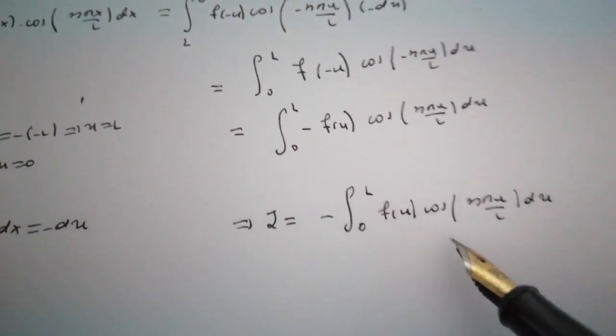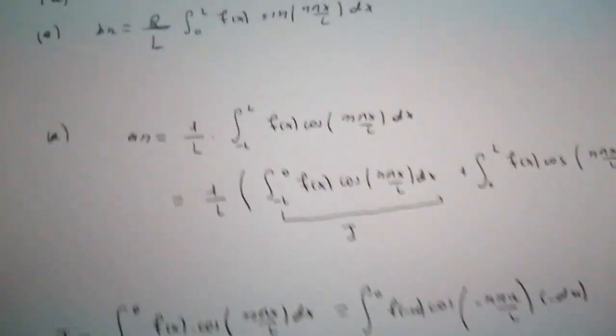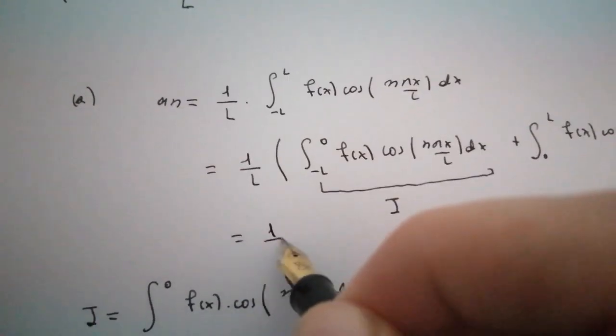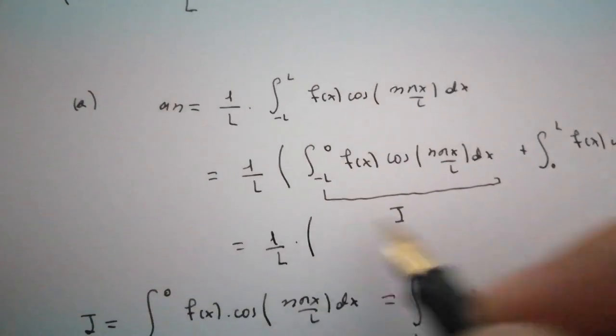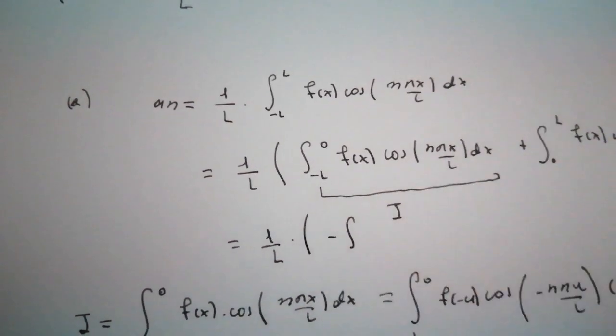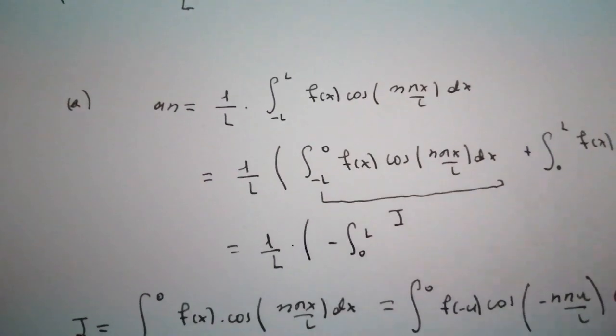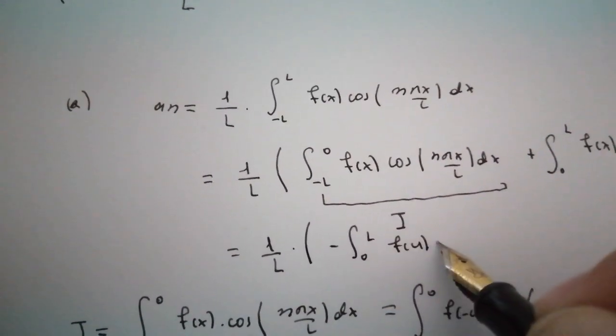We substitute this back here, and we obtain 1 over L times a minus the integral from 0 to L f of u cos.